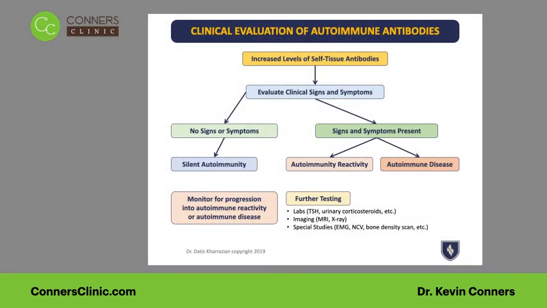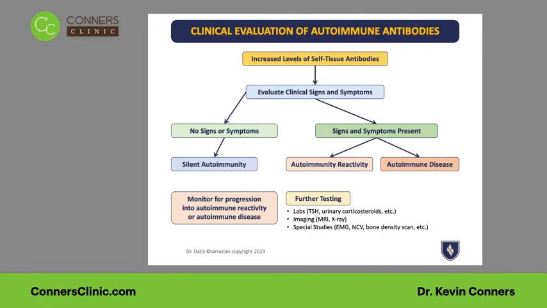So when you're evaluating a person for autoimmune disease, they may have increased levels of antibodies to self-tissue of some organ, and then you evaluate, do they have clinical signs and symptoms? Usually, if they're at a practitioner's office, they came in because they had clinical signs and symptoms, and then you did the test for elevated antibodies.